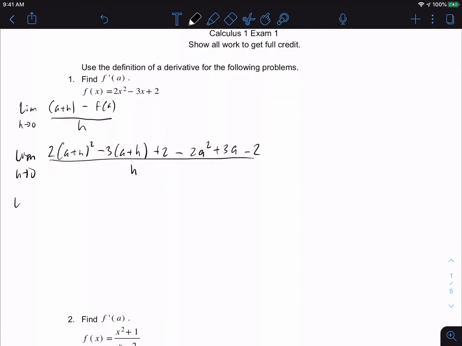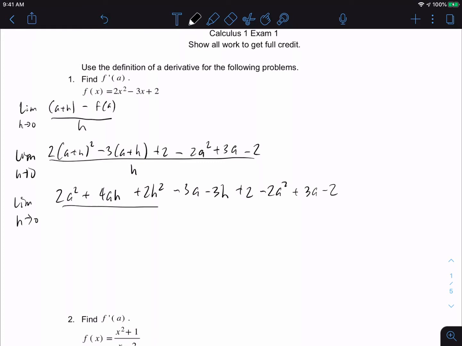And so I'm going to get the limit as h goes to 0 of 2a squared plus 4ah plus 2h squared minus 3a minus 3h plus 2 minus 2a squared plus 3a minus 2 all over h. And I can see this goes, 3a goes, 2 goes.